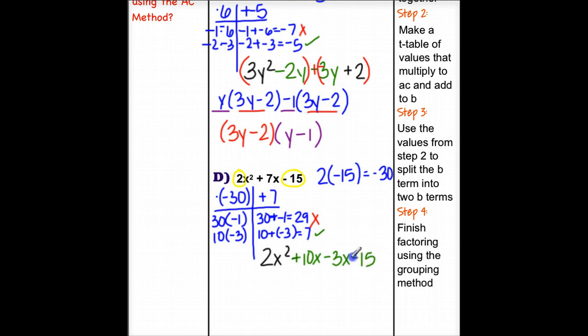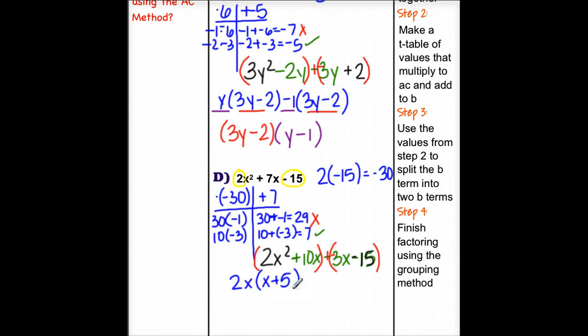And so then I can factor by grouping, giving me 2x squared plus 10x in one group, make this plus a negative 3x minus 15 in the other group. In 2x squared plus 10x, I have a 2x in common, leaving me with x plus 5.